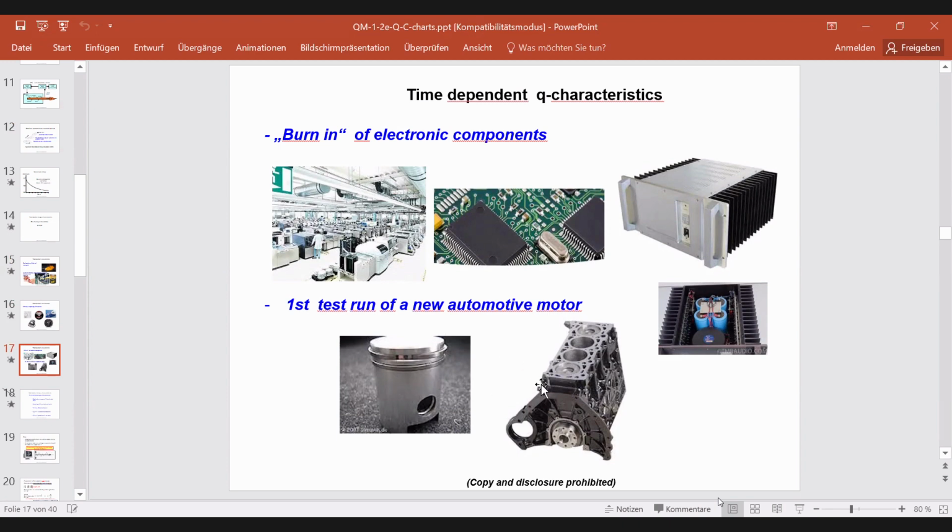The piston here is running in the cylinder over 2 hours or over 4 hours, and only after this first run can you measure the pressure, the compression here in the cylinder. So there are many examples where you have to wait a certain time until you can take the measurements of the quality characteristic.